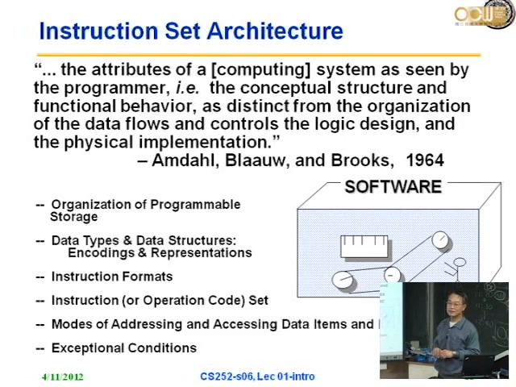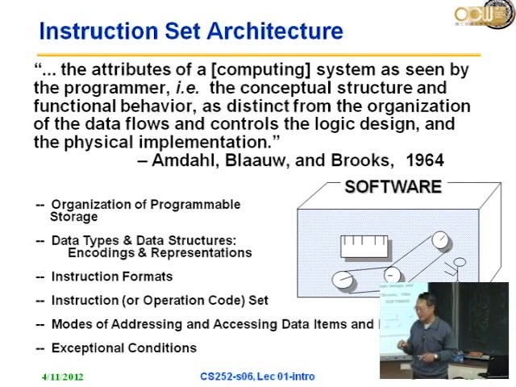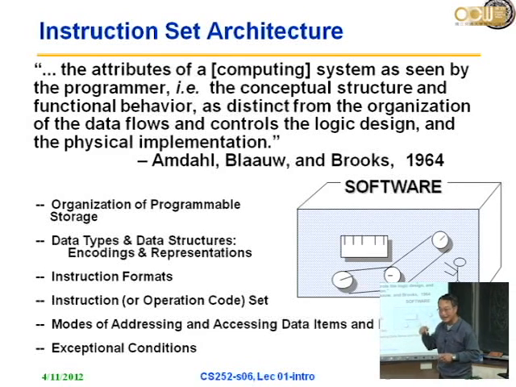PC relative. Without PC relative, your code is not relocatable. Do you know how you execute your code? You will tell the OS, hey OS, I want to execute my code. OS will say, okay, let me find you a space.